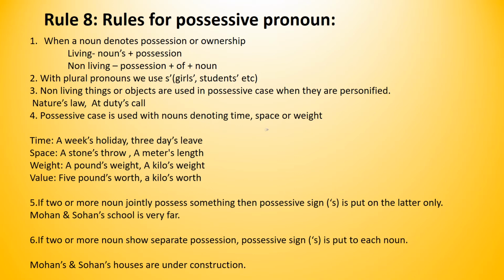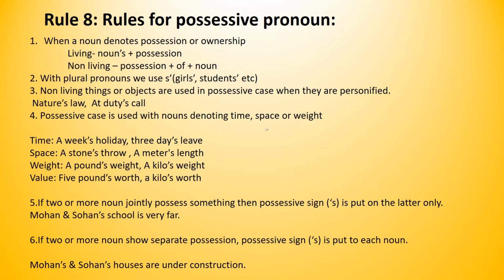Here we are imagining nature and duty as a person. Not only this, the possessive case is also used with nouns denoting time, space or weight. For example, a week's holiday, 3 days' leave. For space, we can say a stone's throw, a meter's length. For weight, a pound's weight, a kilo's weight. For value, 5 pounds' worth, a kilo's worth, like this.